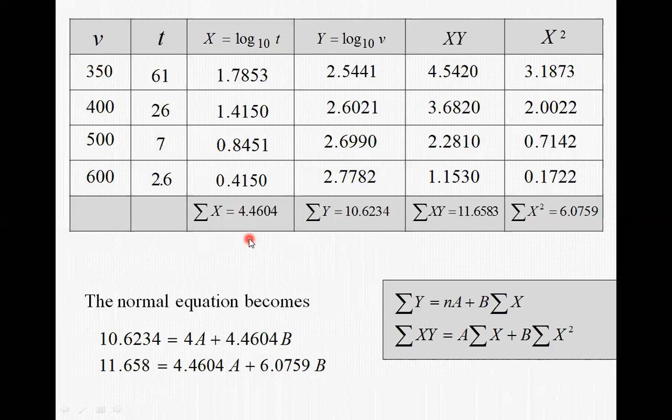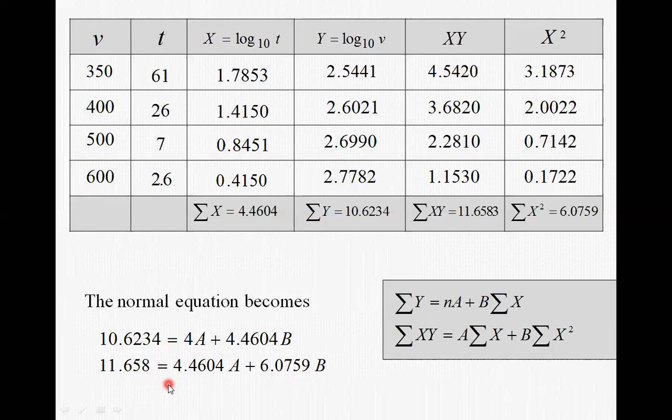Now summation of capital X equals 4.4604. Summation of capital Y equals 10.6234. Summation of capital X into Y equals 11.6583. Summation of capital X square equals 6.0759.